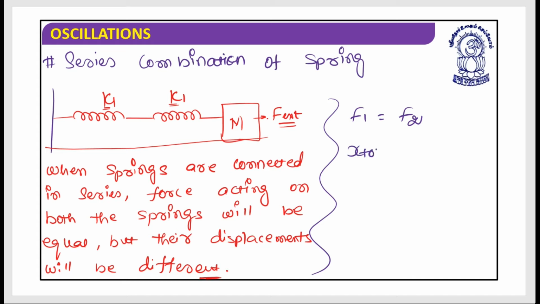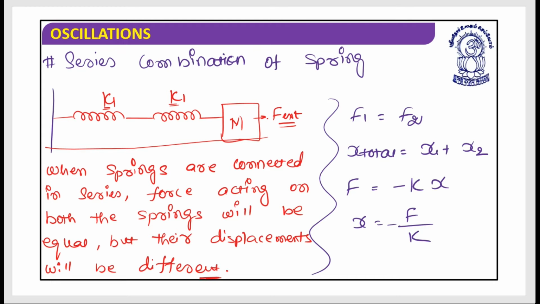So let's say the total extension would be equal to x1 plus x2, and we have the relation that F is equal to minus kx. This minus kx represents the restoring force. So x is equal to minus F by k.